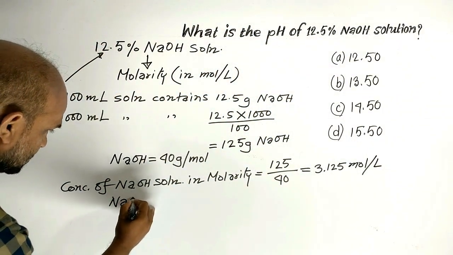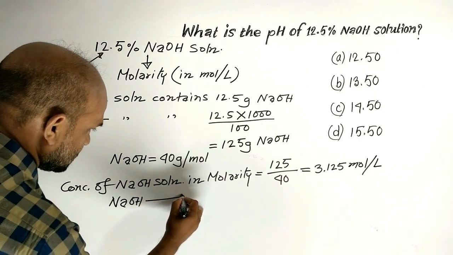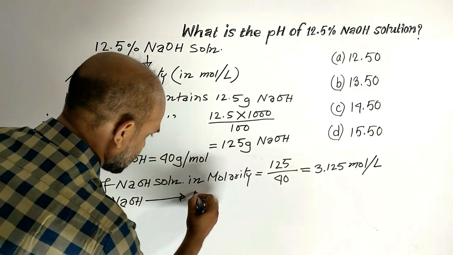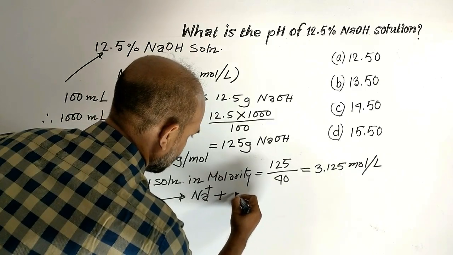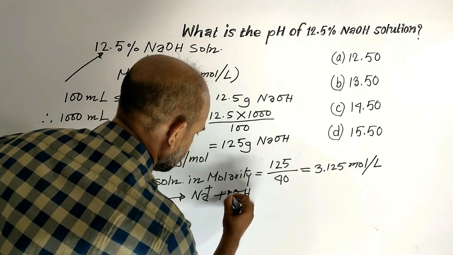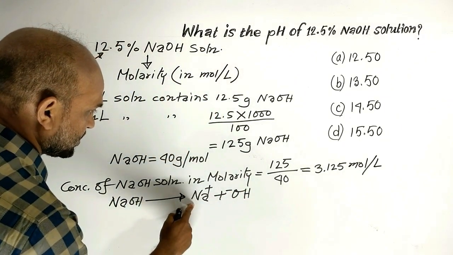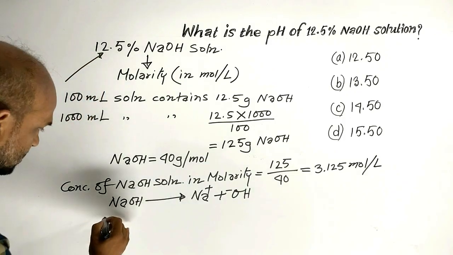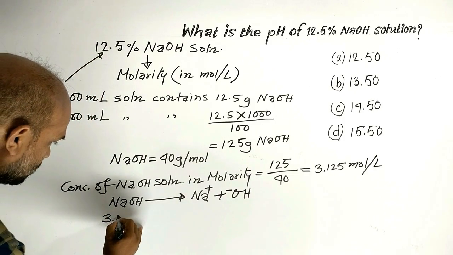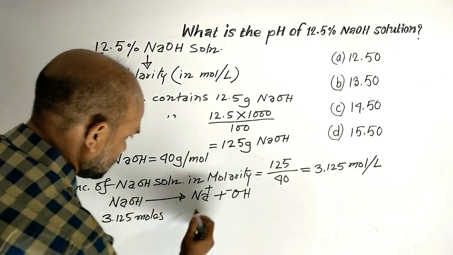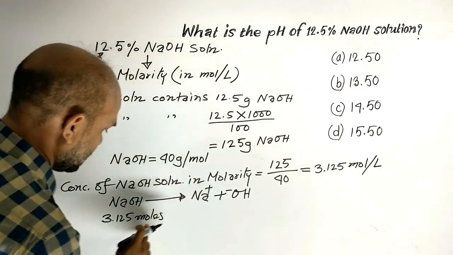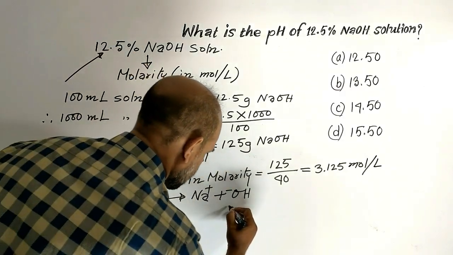Now, sodium hydroxide is a kind of strong electrolyte. It ionizes in water fully 100%. Then 3.125 moles. This is 3.125 moles.